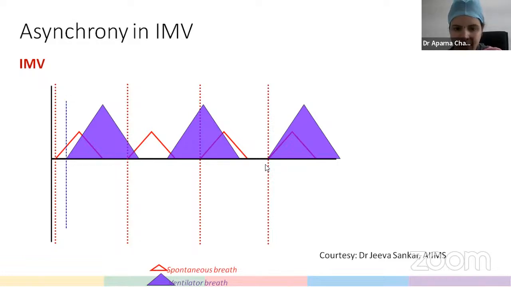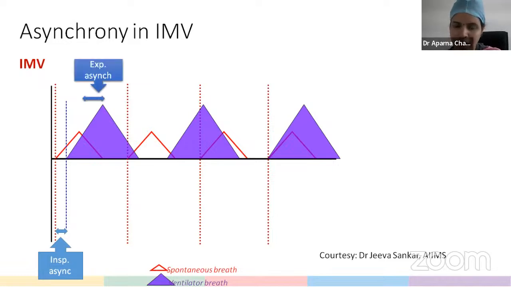Only in the third breath, we see that randomly the patient's inspiration and the ventilator's inspiration coincided, and this results in synchrony. So the harms of asynchrony, which is the mismatch or lack of sync between the patient's breaths and the ventilator breaths, can result in a lot of problems.